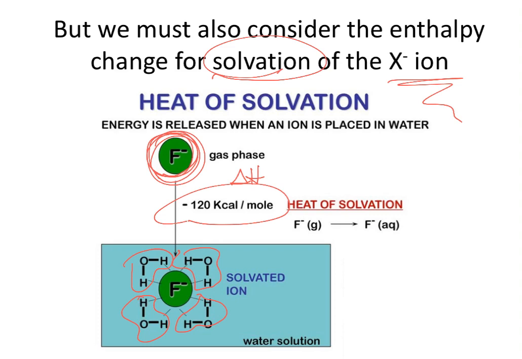Notice that the delta H is negative for solvation, which is favorable, right? Negative delta H is favorable, and it better be favorable, otherwise it wouldn't want to dissolve, right? So solvation is a stabilizing factor. It's a good thing. It stabilizes particularly ions in solution. So it is exothermic, it's energetically favorable. But how energetically favorable it is depends on the ion itself. So let's compare the enthalpy of solvation for all of the halide ions.